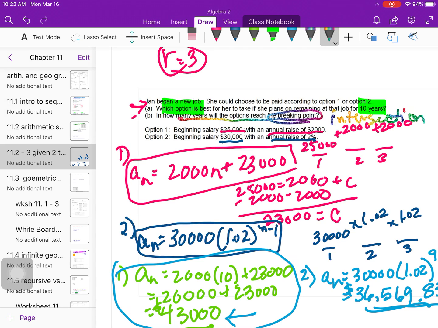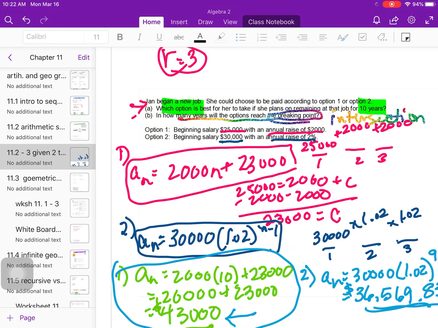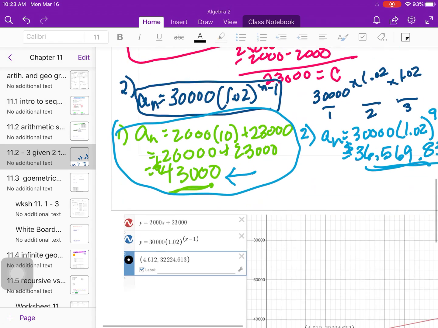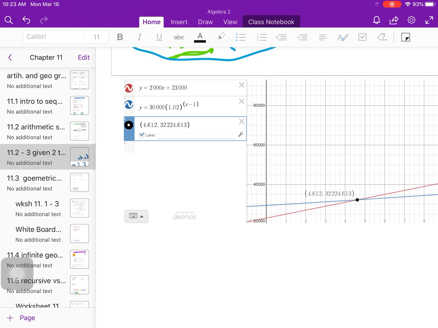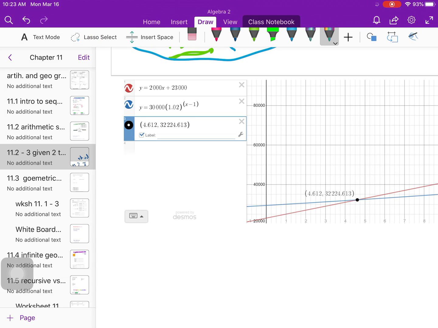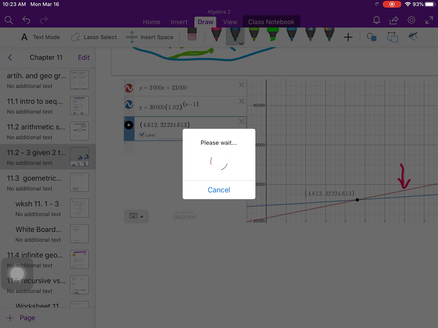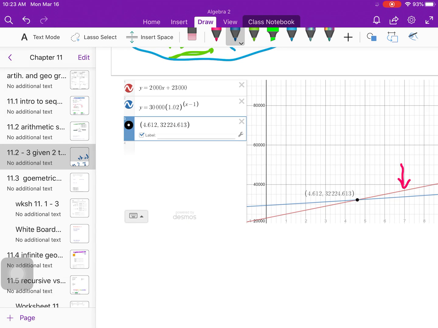So I'm going to put 2,000x plus 23,000 in graph 1, and in graph 2, 30,000 times 1.02 raised to the x minus 1. So if you look at this, you can see in the red graph, I put my 2,000x plus 23,000. In the blue graph, I put my 30,000 times 1.02 to the x minus 1. And the breaking point is where the two intersect.